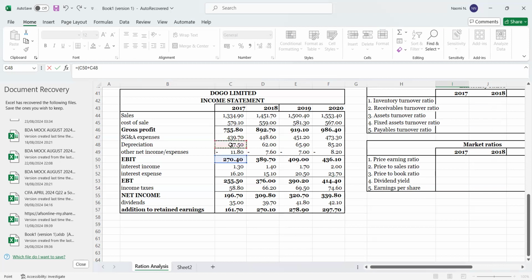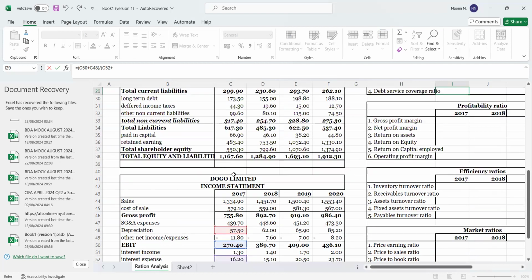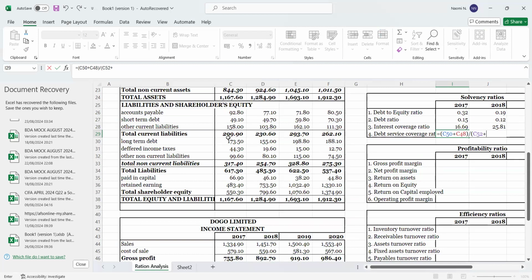Then divide by, in brackets, interest expenses plus our long-term debts that we need to pay. So it is the total debt service. And remember, debt service, are we servicing? We are paying back the debts, the principal, and also the interest. That is what we get.